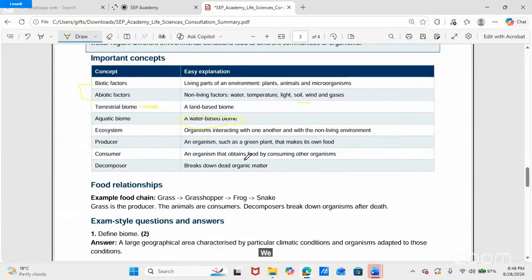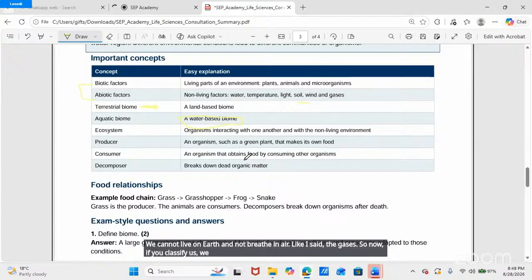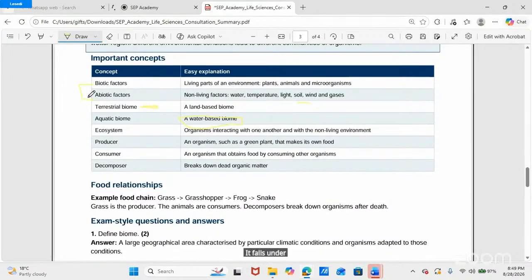So if you classify us, we are the biotic factors, and the gases or the air that we breathe in fall under the abiotic factors, right? And you cannot live in a place where the temperature is not favorable for you. You cannot go to a place that is way hotter than the temperature your body is supposed to have. You will not be able to survive in that place, right?